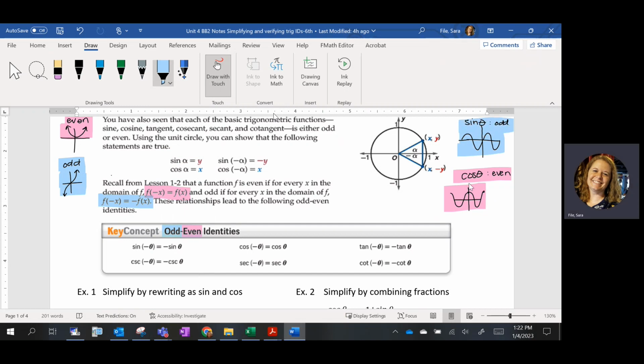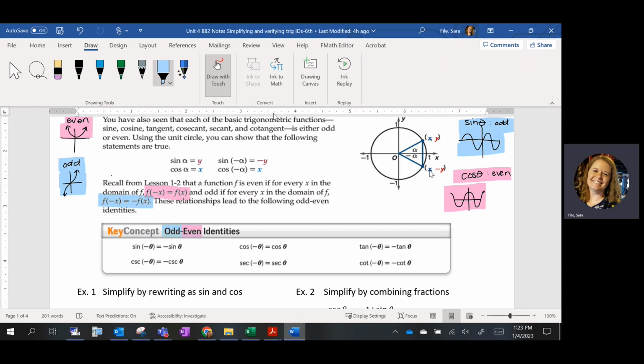Okay, or if you're not that visual, not a graph person, just think of the unit circle or any point on any circle. It doesn't have to be the unit circle. But if I have a point here, x, y, okay, this angle is alpha. That's the reference angle there. Okay. And then if I reflect that down here in quadrant 4, the x doesn't change, does it?